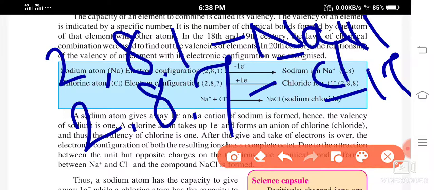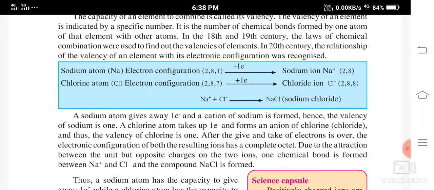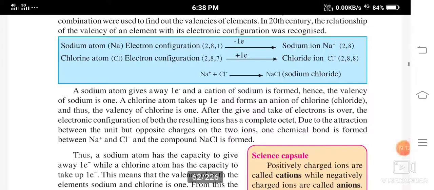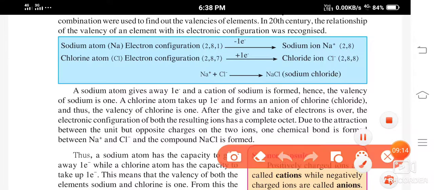Okay, now see, if an atom has to be stable, I'll show it to you. If an atom has one orbit, then one single orbit can hold 2 electrons at most.